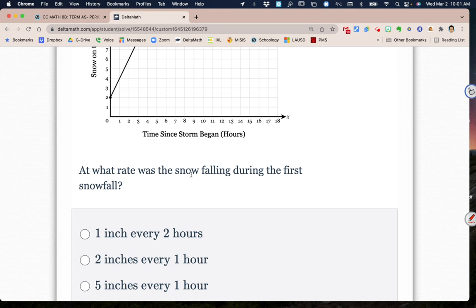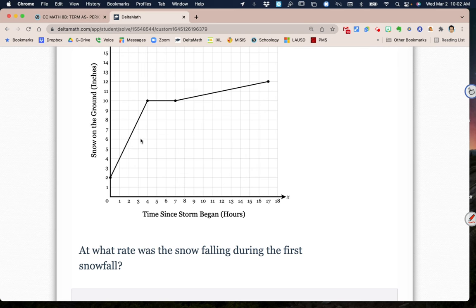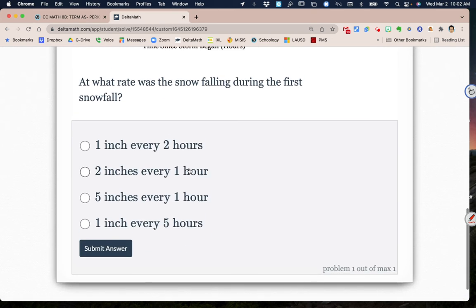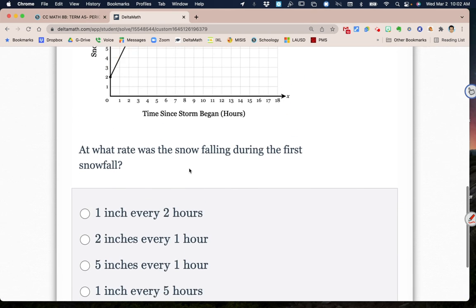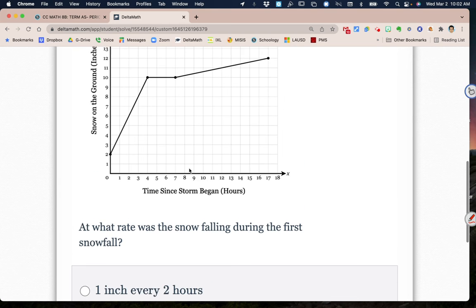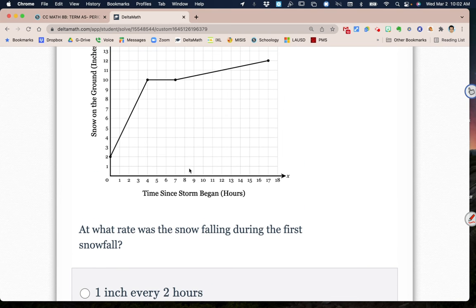At what rate was the snow falling during the first snowfall? 5 inches every hour. 5 inches every hour? Yeah, I think you might be right. Let's just pick 2 points. This is a good point, and this is a good point. And 2 inches every 1 hour, yeah.